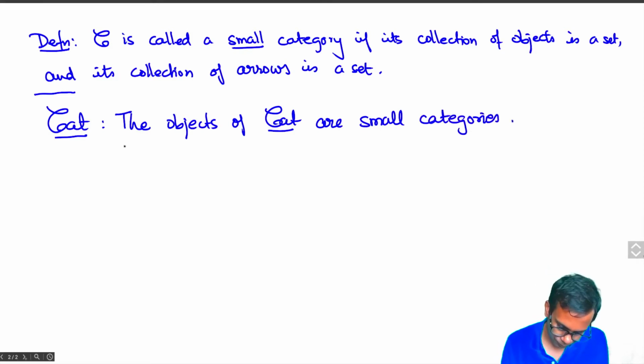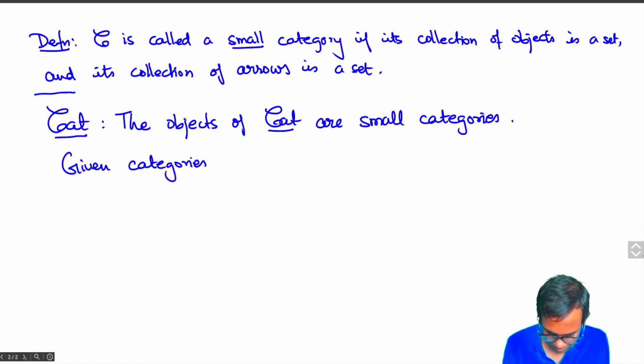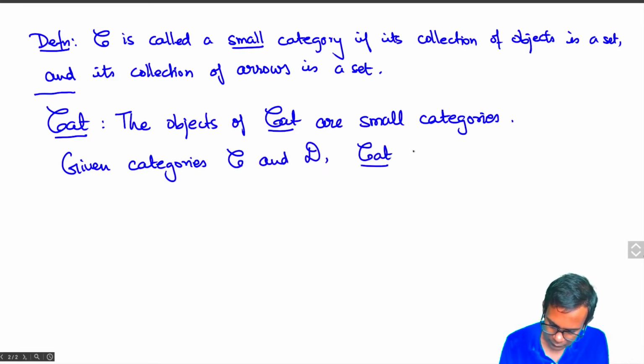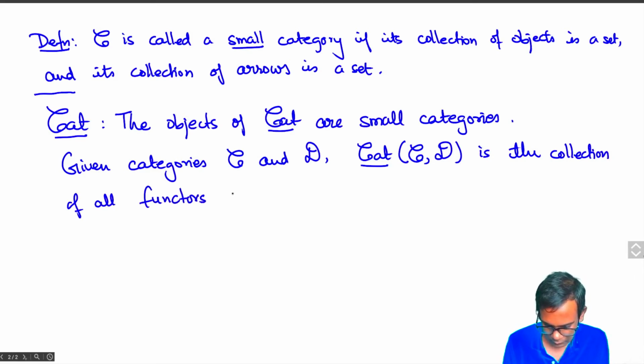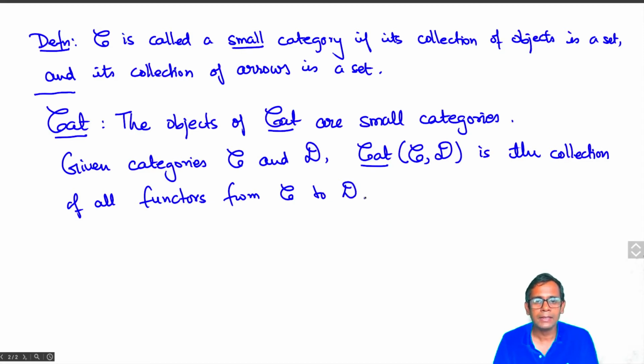And the arrows: given categories C and D, the arrows from C to D are the collection of all functors from C to D. And as we've observed, there is an identity functor from each category to itself, and also we can compose functors.